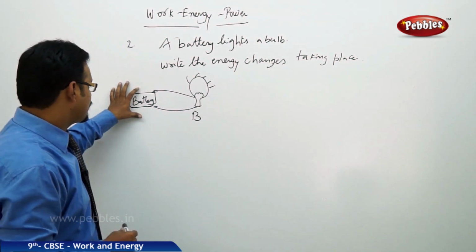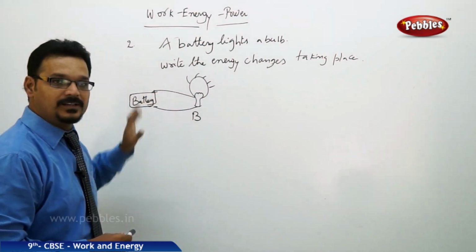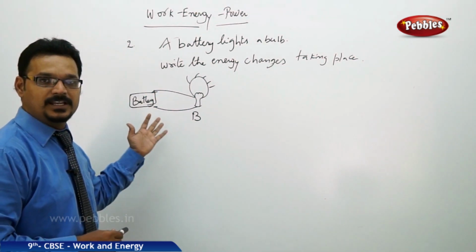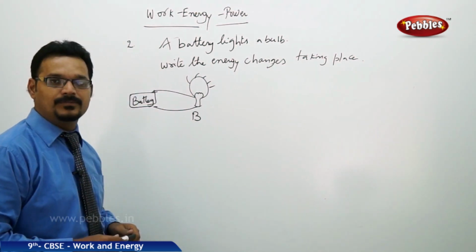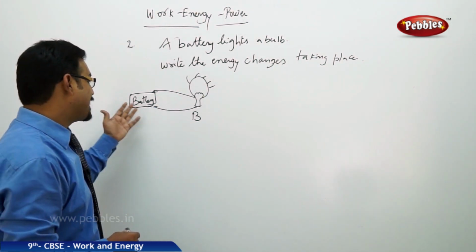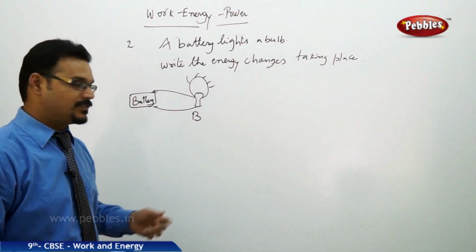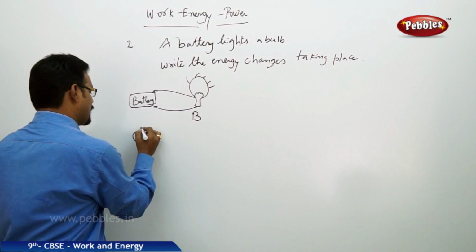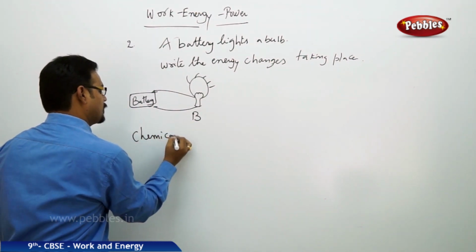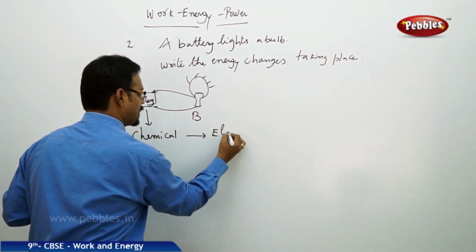From the battery, some energy is converting into electrical energy, which goes to the bulb, making it glow. And the question is, what energy is the battery actually converting into electrical energy? Yes, it is nothing but chemical energy. So in the battery, chemical energy turns to electrical energy.